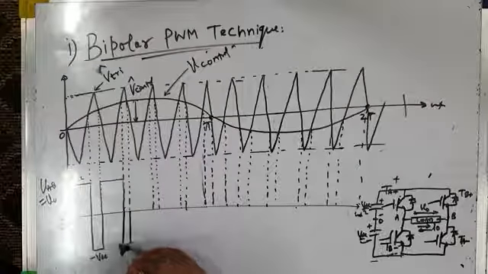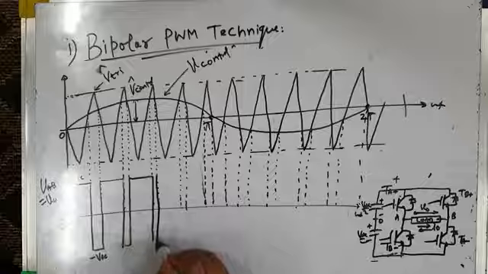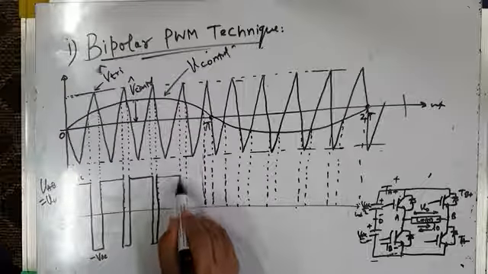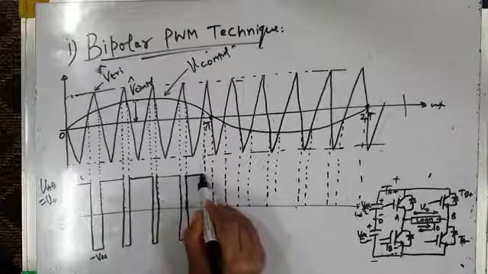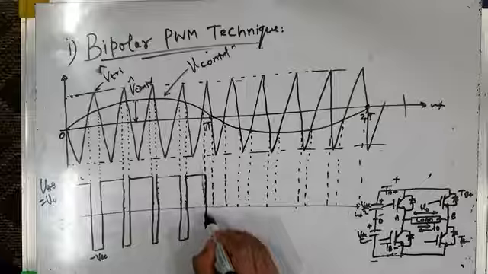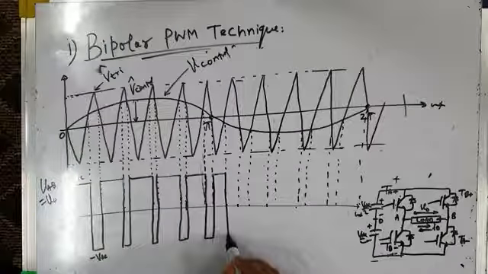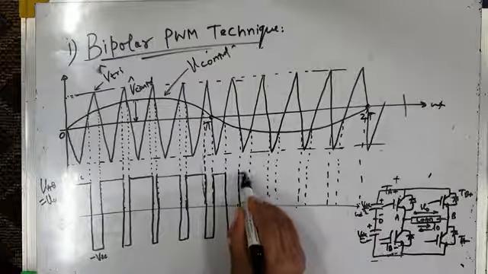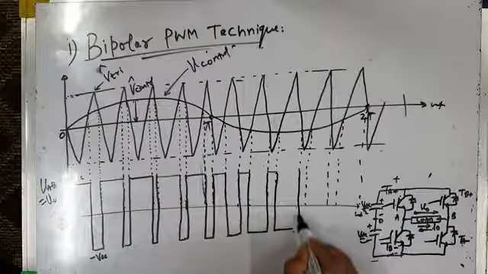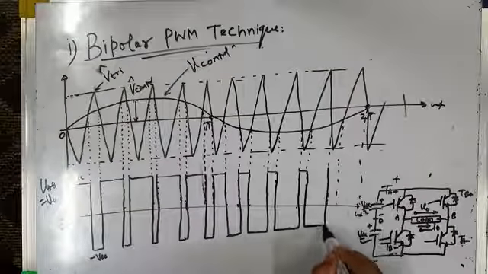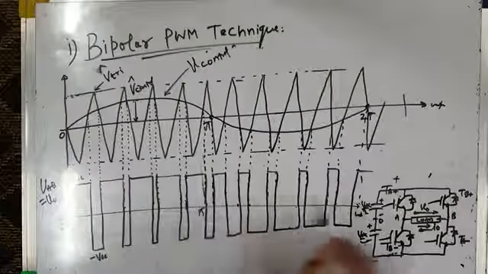So you can continue like this. So this is the inverter output voltage. So this is pi, and this point is 2 pi here.